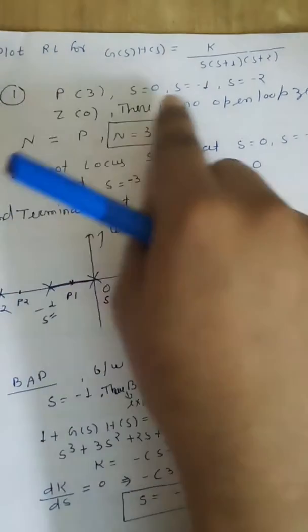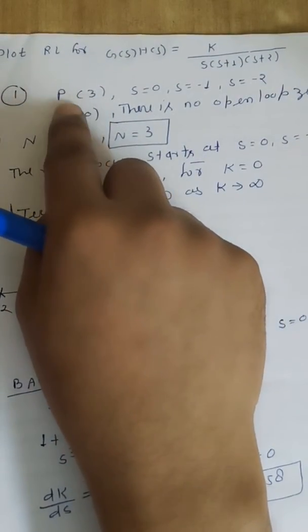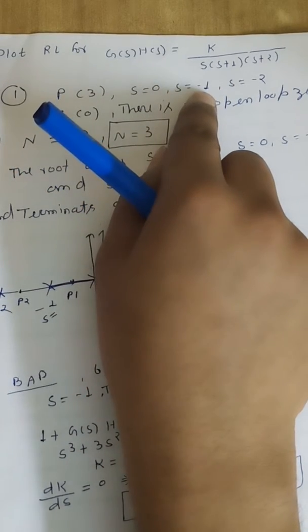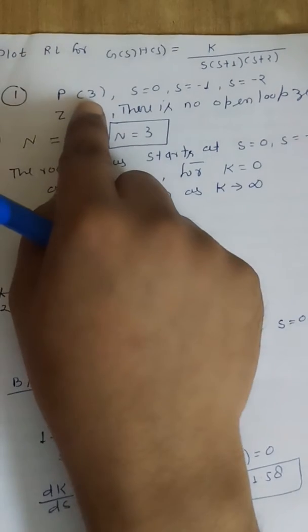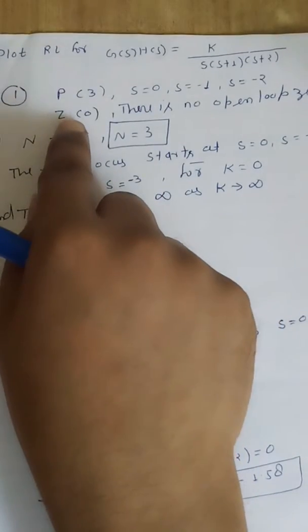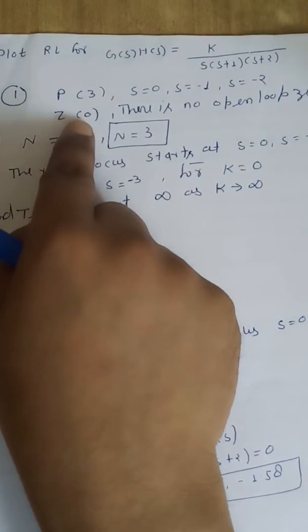So here we have three open loop poles. First at s equal to 0, second at s equal to -1, third at s equal to -2. So we have three open loop poles for the system. We don't have any zero for the system, or we can say there is no open loop zero for the system.